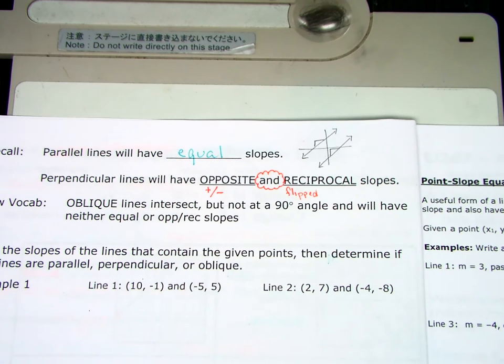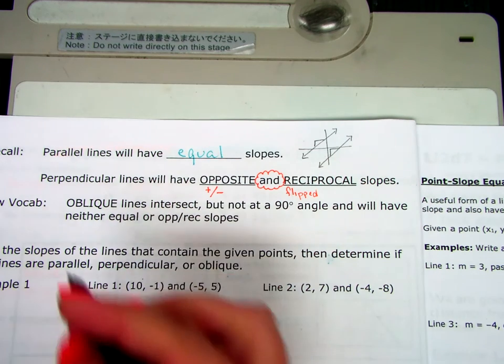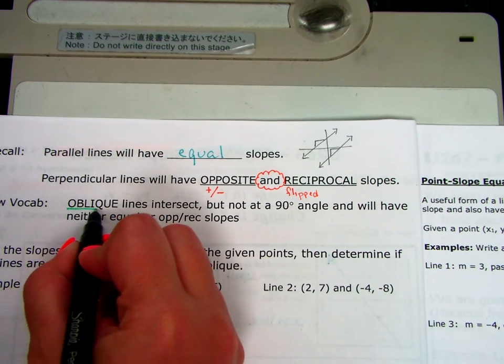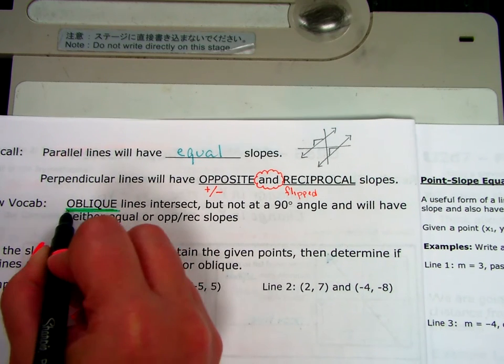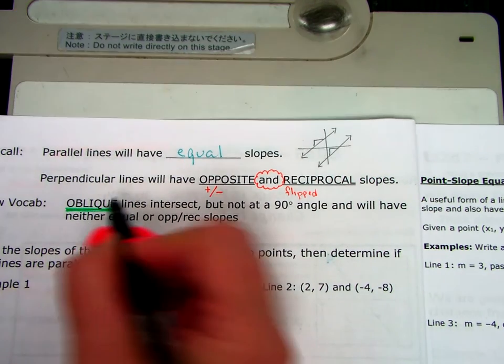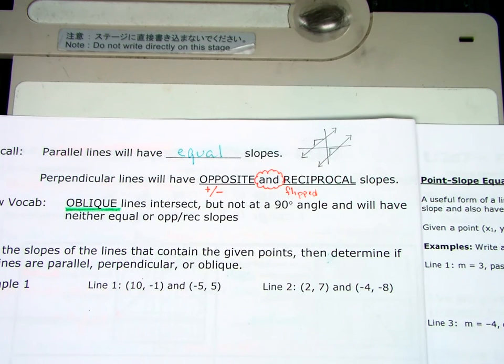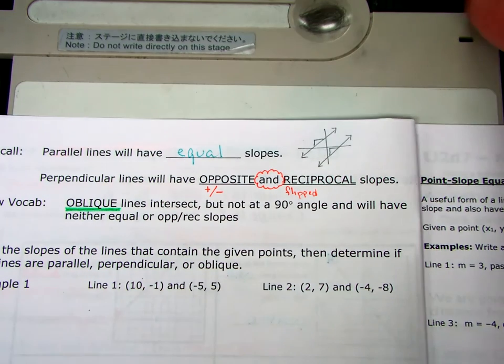Any line that intersects at an angle other than 90 is called, or are called, oblique. That's a new word for us. They didn't teach that in algebra. Oblique lines intersect but not at a 90-degree angle.